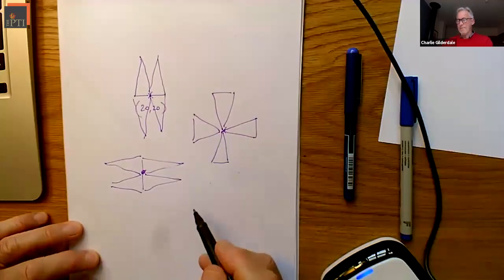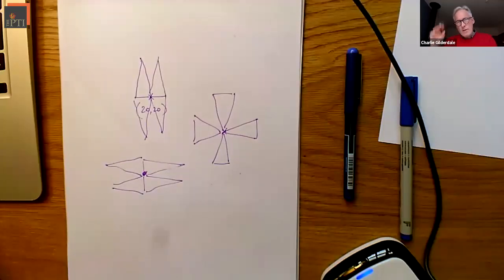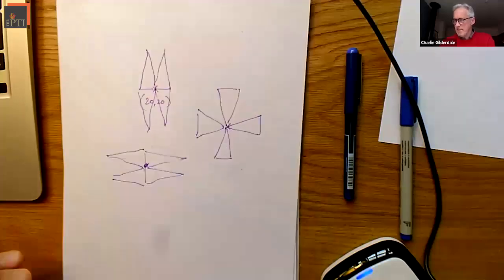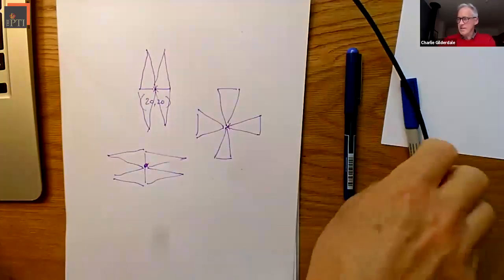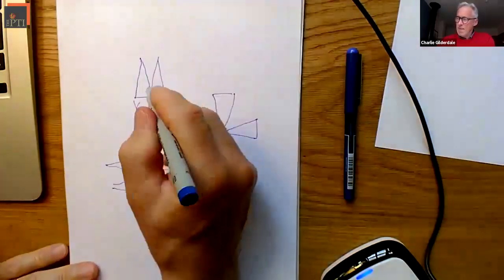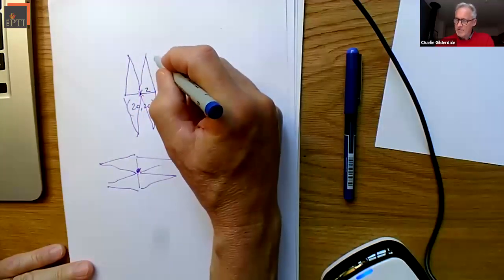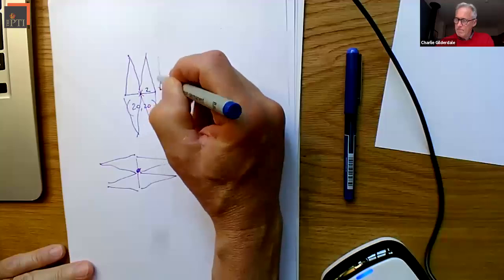Okay. So once I've got one triangle, for example, let's imagine that this has got a base of 2 and a height of 9.